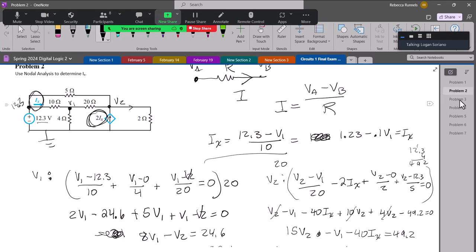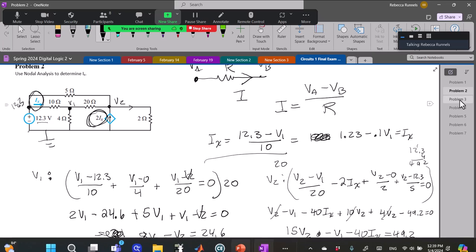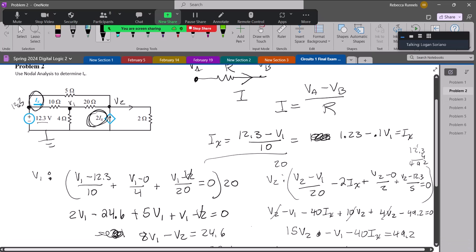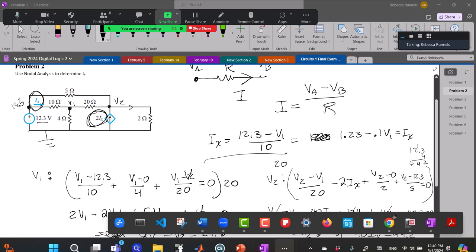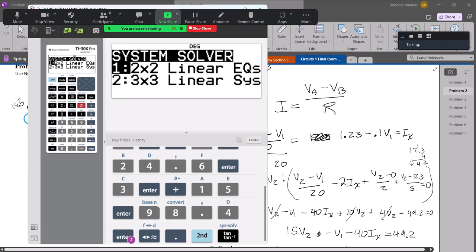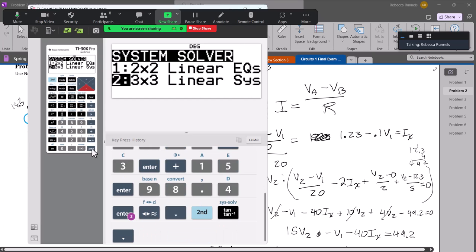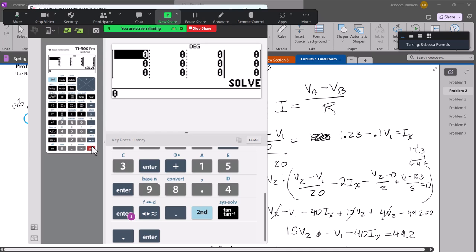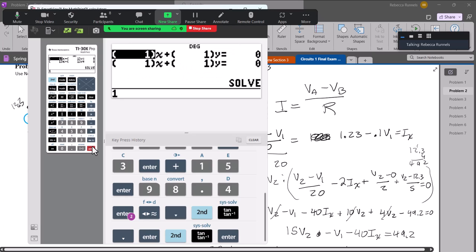Can you go over what you entered in the TI-36 Pro? Sure. Yeah, how you set up the table? I have the same calculator, but I didn't know I could do that. Oh, yeah, I'll show you. Okay, so what you do is you do second, and I think it's the tangent button is system solve. And you can do a 2x2 or a 3x3. I think the 3x3 is easier because it just looks like the matrices that you enter. The 2x2 is supposed to be more friendly, and with the 2x2, you're just putting in the coefficients, but you also have to put in the sign that goes in the problem.